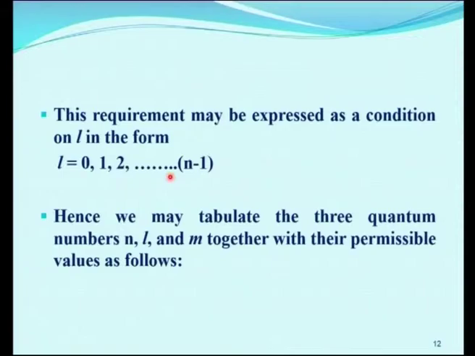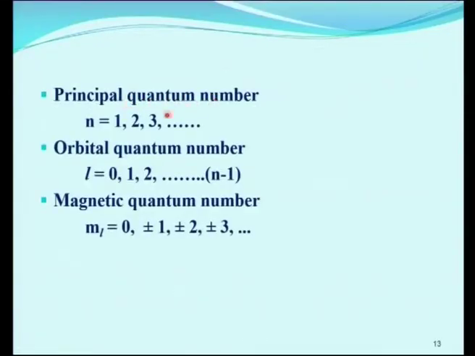Hence, we may tabulate these 3 quantum numbers: the principal quantum number, the orbital quantum number and the magnetic quantum number. The principal quantum number is designated by the letter n and varies from 1, 2, 3 etc. The second one is the orbital quantum number, which is represented by the letter l. So l is equal to 0, 1, 2, 3 etc. up to n minus 1, where n is the principal quantum number.